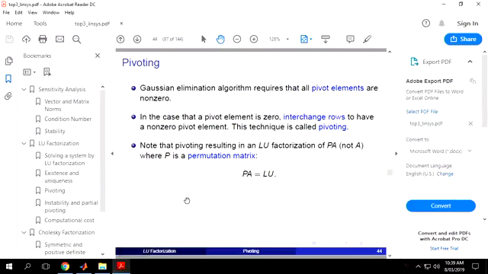And that is this step here. So here it says that the pivot process is when you interchange the rows. And it's equivalent to saying that you multiply the matrix A by a permutation matrix, then you apply the LU factorization. And it always works, okay?